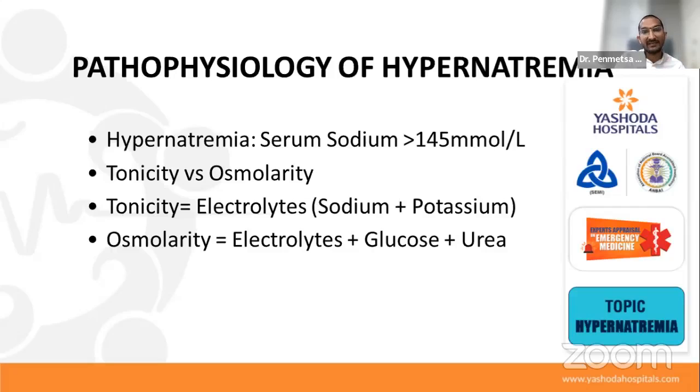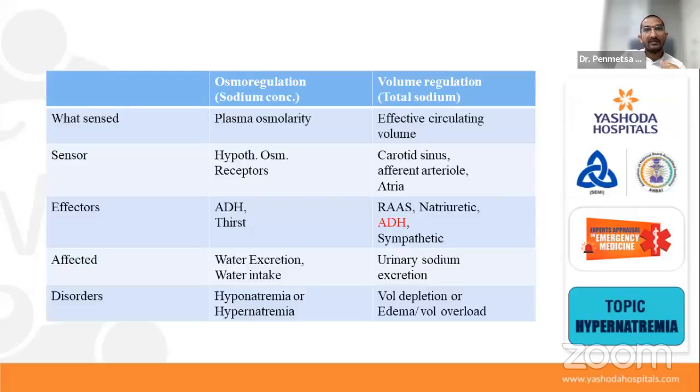Your ADH and sympathetic activity also get stimulated, but at a later stage. The body tries to retain or excrete sodium. For example, if someone is volume depleted, your kidneys try to retain sodium, thereby increasing the effective circulatory volume.